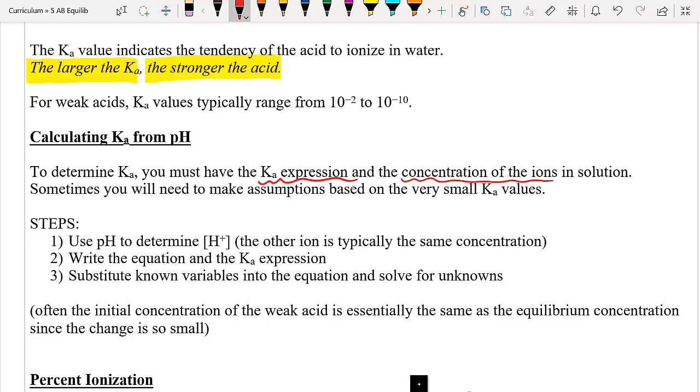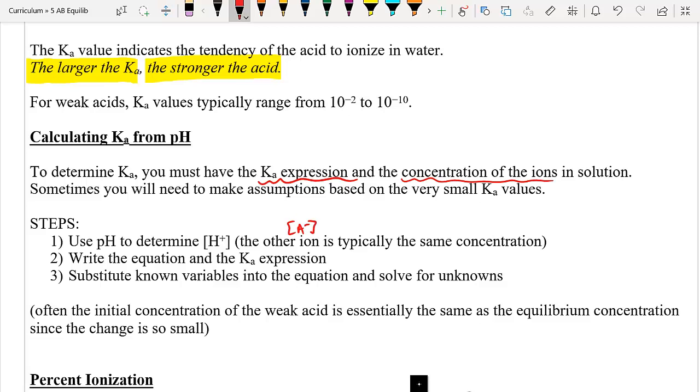Now, typically, instead of having a concentration directly, what we can measure is pH. As we indicated before, using a pH sensor that gets the passage of electrons through the solution, telling us how much hydrogen is present. So, our steps are going to be as follows. We first use the pH to determine the hydrogen ion concentration. The anion, remember that other ion we had talked about?